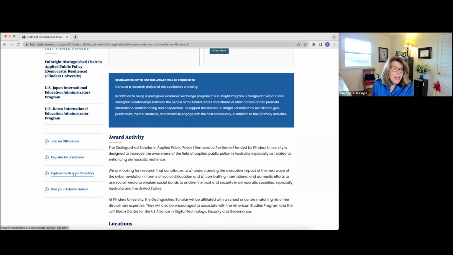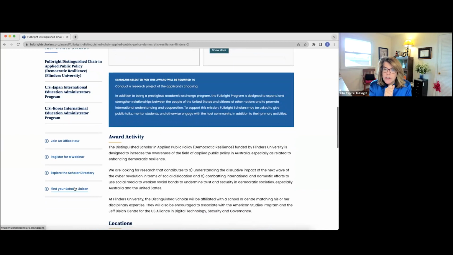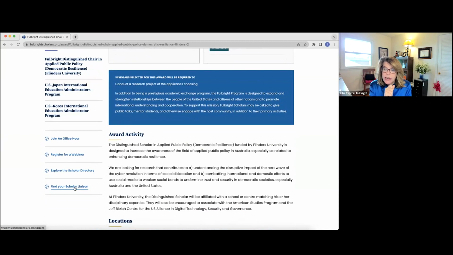And on your campus may be a Fulbright Scholar Liaison. That's an important person for you because they can serve as sort of institutional memory of the Fulbrighters who applied before. A lot of times this is a fellowship, not a grant.